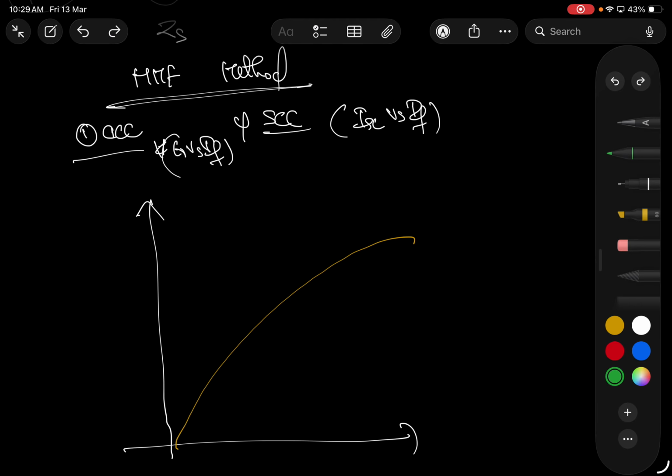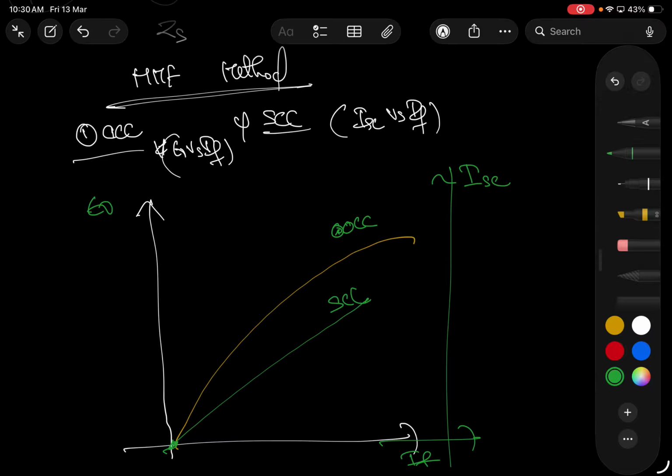In some books it is represented here, that is ISC. Both are correct, since the reference point is from this point only. Whether it is represented on the left side or the right side, the characteristics remain the same. This is IF and this is E0. This is the OCC, and this is the short circuit characteristics.